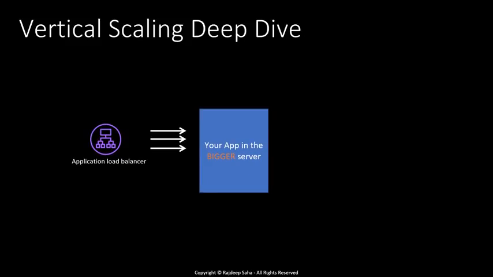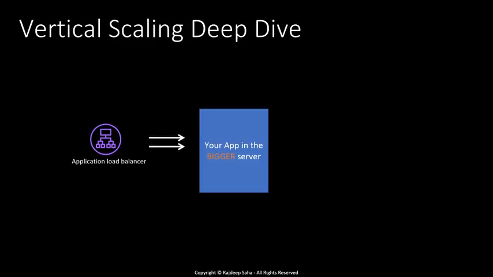There is a cutover window when you are moving from the smaller server to the bigger server, and during this cutover period, your application might be down and unable to serve any user traffic. Another problem with vertical scaling is, now you have this bigger server serving increased traffic.